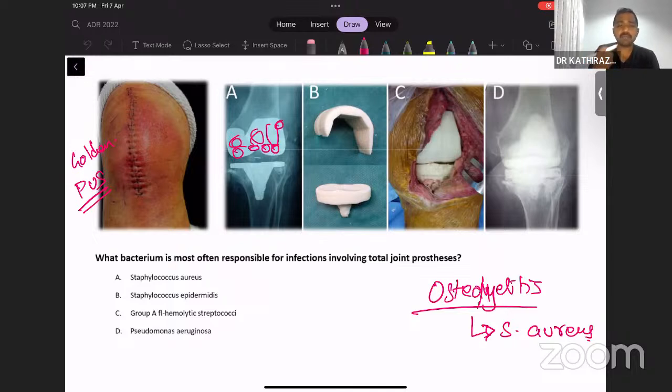Such an organism is coagulase negative staphylococcus, which is Staphylococcus epidermidis. They often ask, coagulase positive, why coagulase negative, all those questions, maybe to assess this. So the answer for this is Staphylococcus epidermidis.